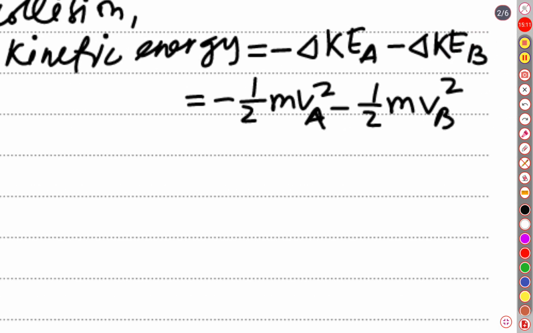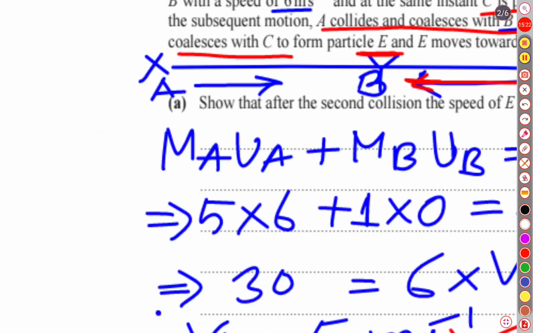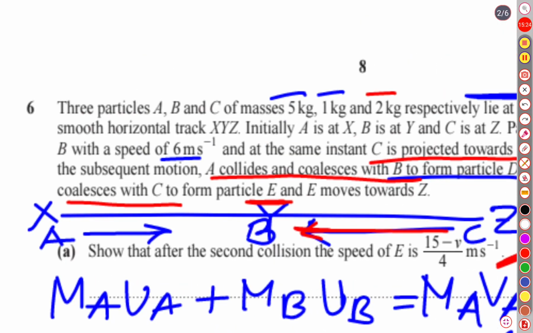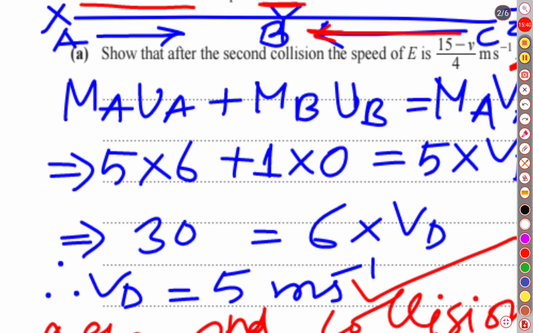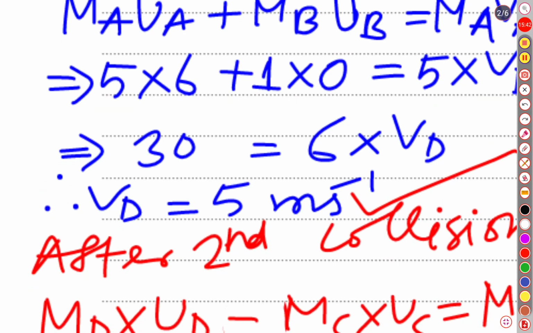So one after the other, it is going to be negative half. The mass of particle A was 5 and particle B was 1. The initial velocity of A was 6 and the final velocity after the first collision was 5.